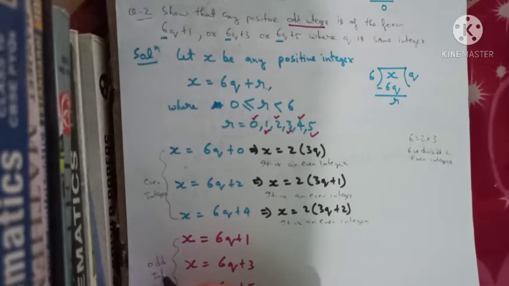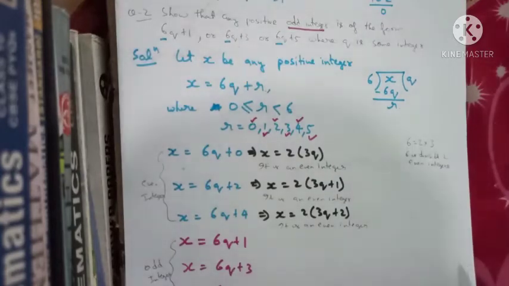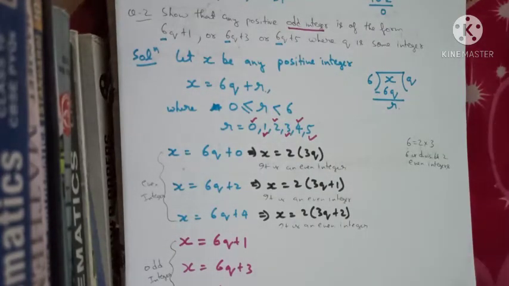Since any number which is not divisible by 2 is an odd integer, here since they are not divisible by 2, they do not have 2 as a factor, so these three cases will be the odd integers.